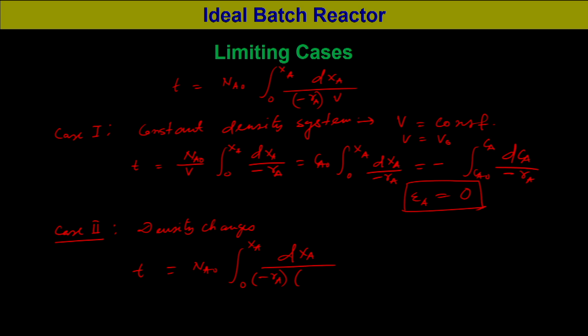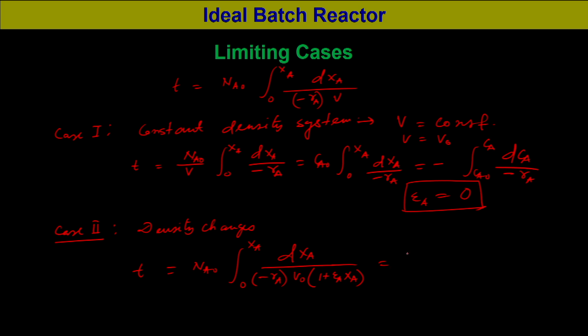So, in place of V, we can write V0 into 1 plus epsilon A XA.